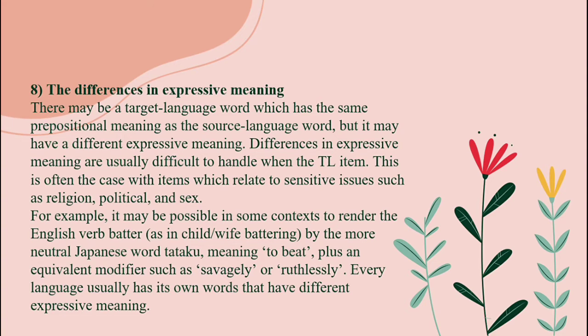For example, it may be possible in some contexts to render the English verb battering, as in child or wife battering, by the more neutral Japanese word "tataku", meaning to beat, plus an equivalent modifier such as savagely or ruthlessly. And every language usually has its own words that have different expressive meaning.